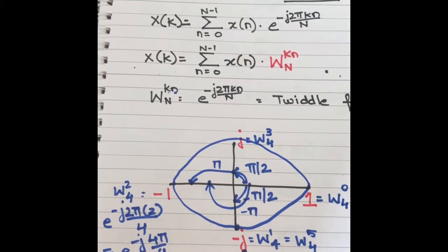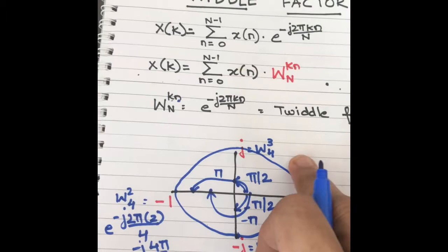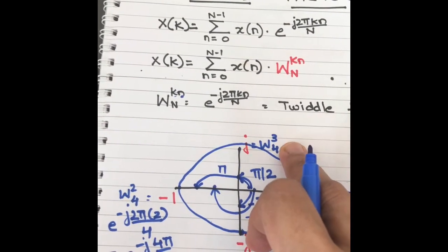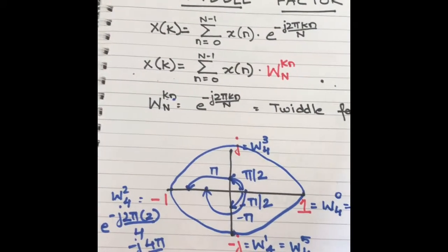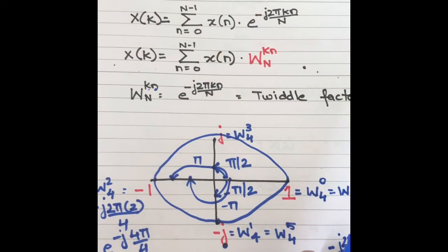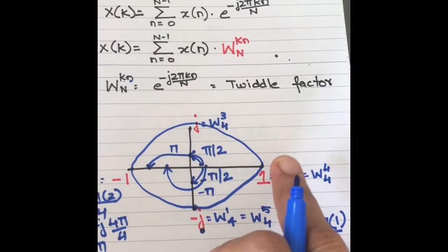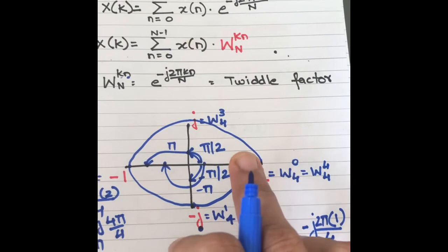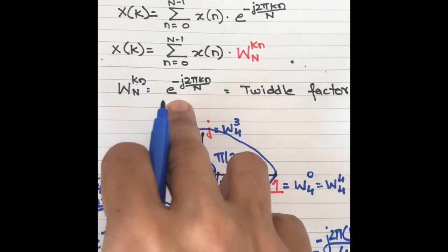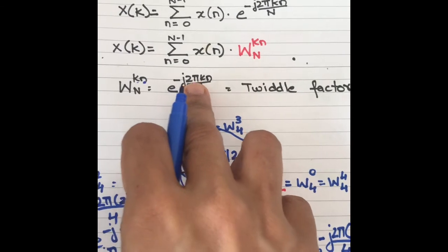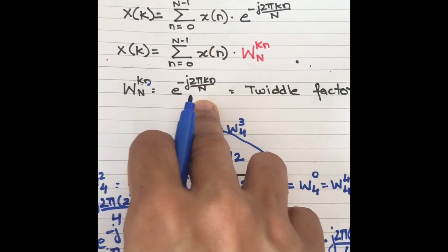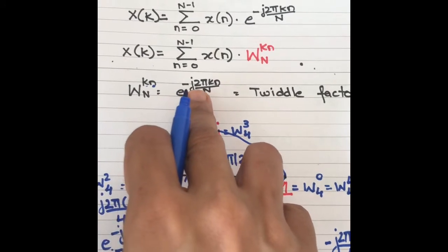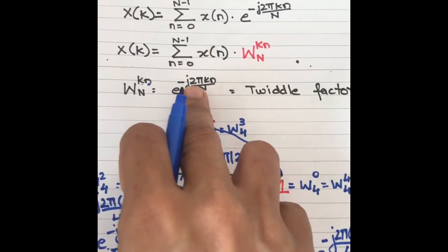Clear? Then next, W_4^3, wherein the product kn is equal to 3, right? So W_4^3 is e raised to minus j 2 pi 3 divided by 4, which is equal to e raised to minus j 3 pi by 2.